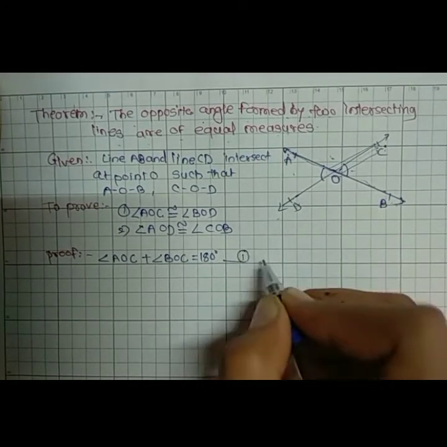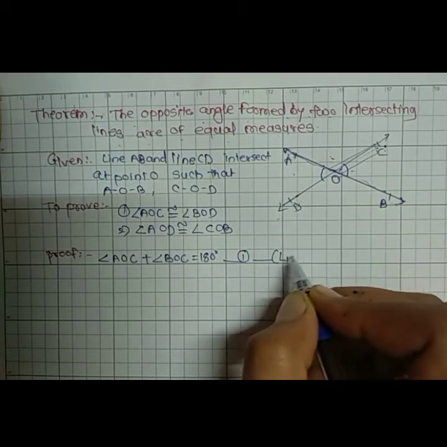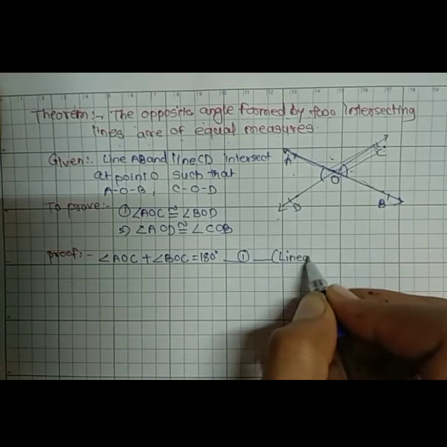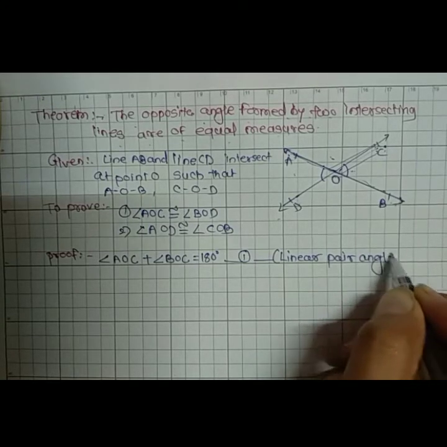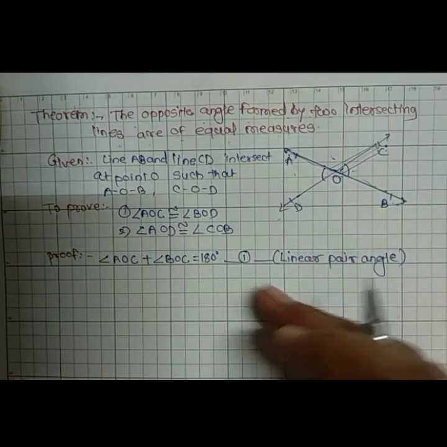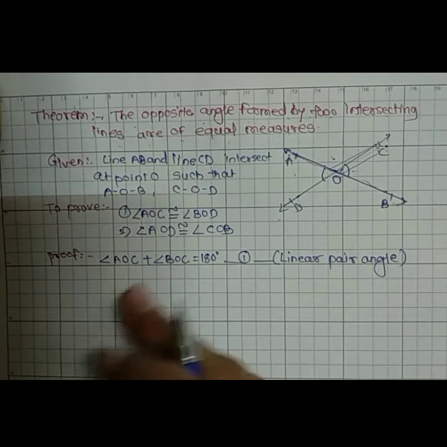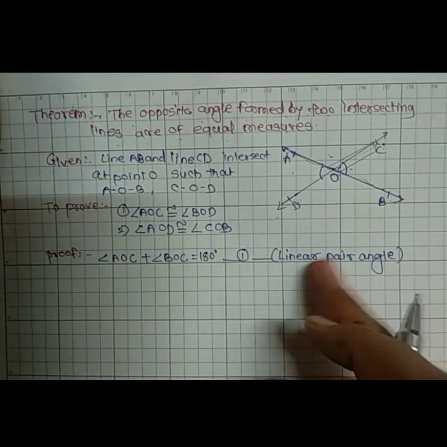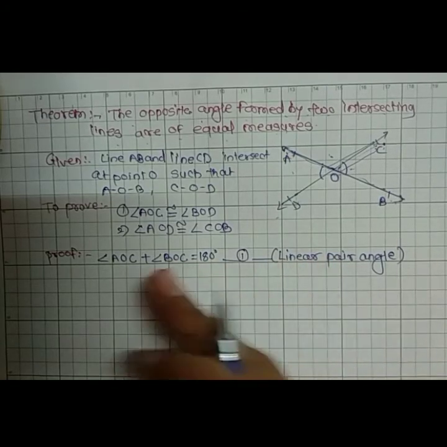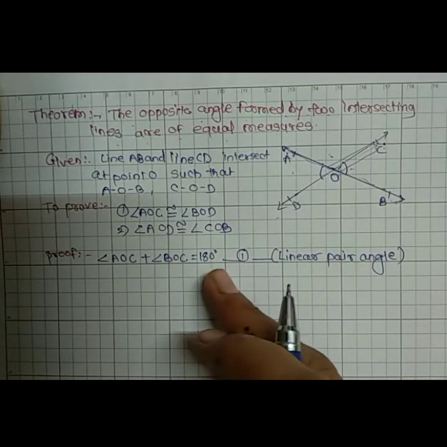This is statement number 1, and the reason is linear pair of angles. In a proof, each step needs a reason. Without a reason, you can't write any statement.